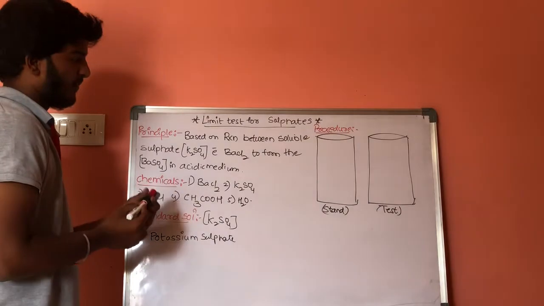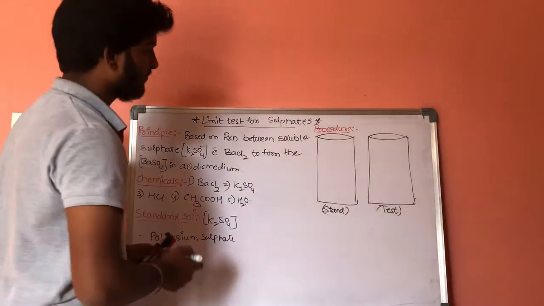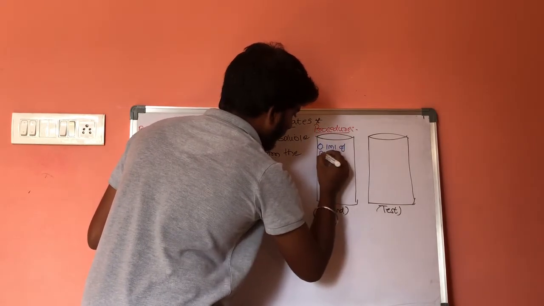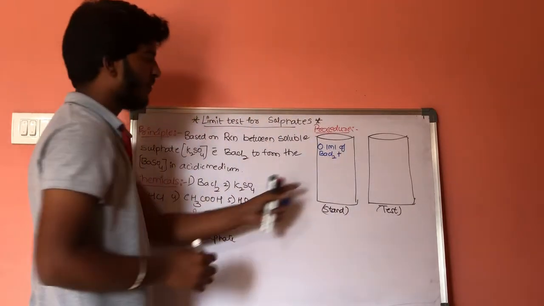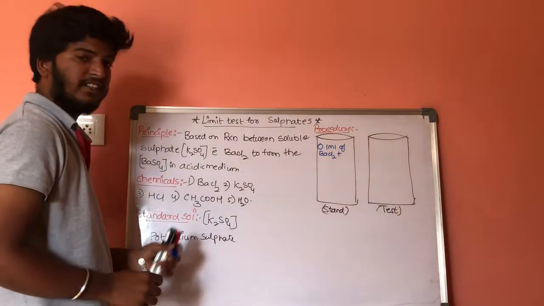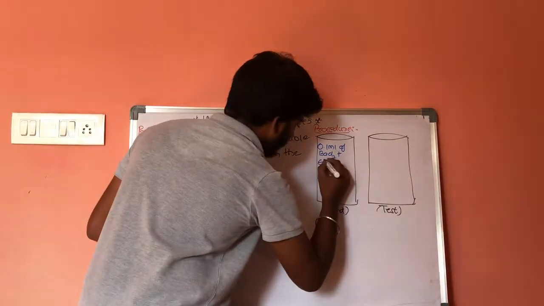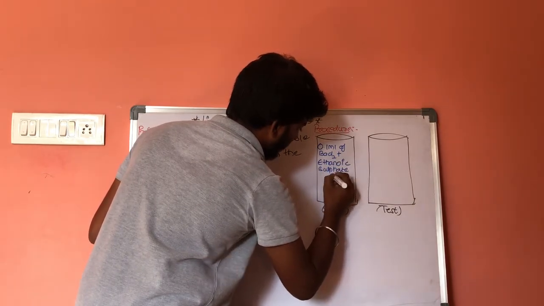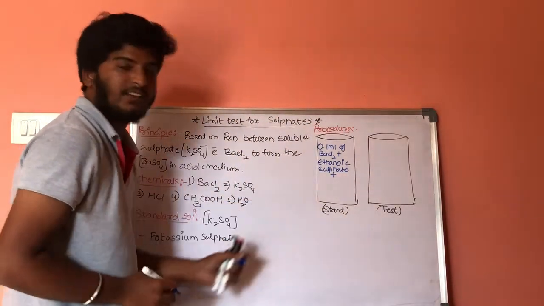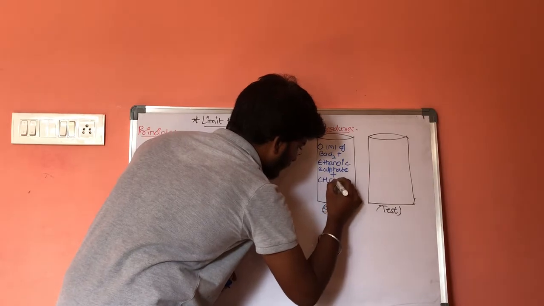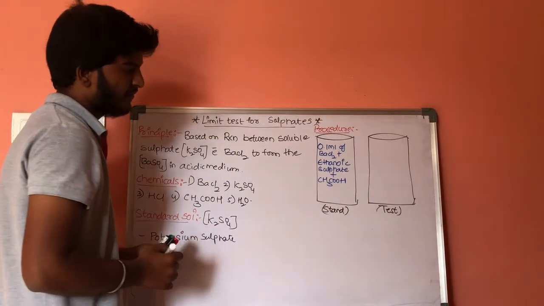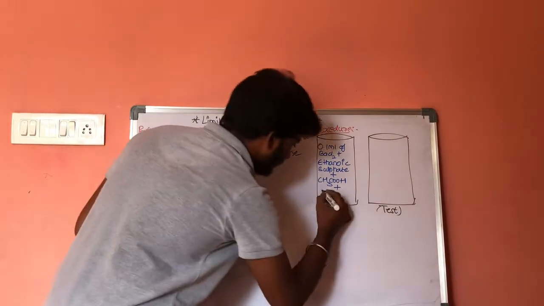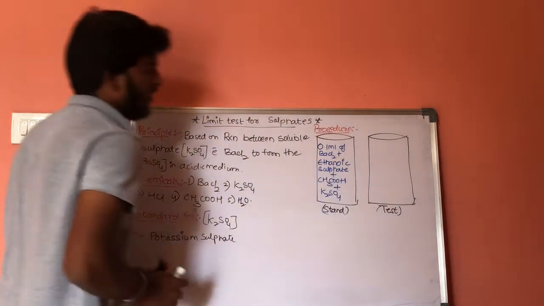For the preparation of the standard solution, first take 0.1 ml of barium chloride, and ethanoic sulfate will be added, along with acetic acid, and the standard solution, that is K2SO4, will be added.